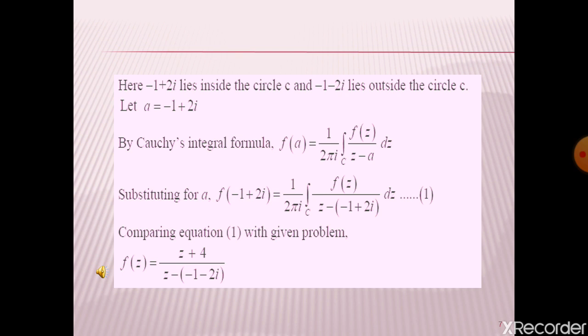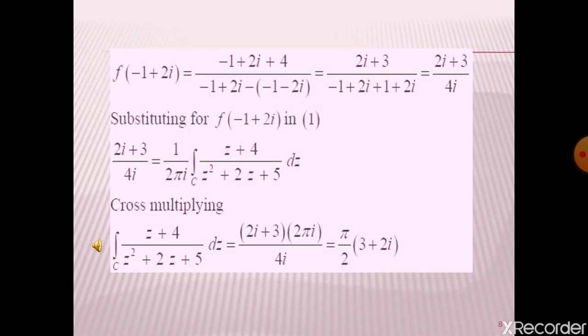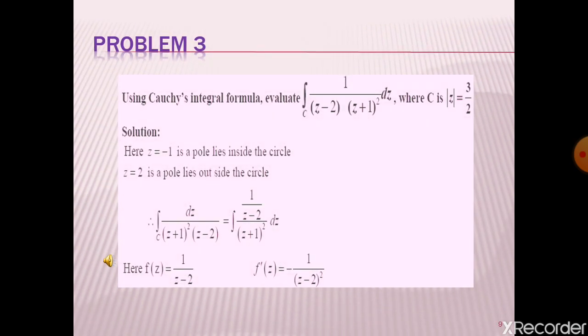So consider f(z) as (z + 4)/(z - (-1 - 2i)). Note this, here -1 - 2i is the outside point, so we have to consider it in the function f(z). And now we calculate f(-1 + 2i) as (2i + 3)/(4i). Now substituting this in the given integral, we get π/2 times (3 + 2i).